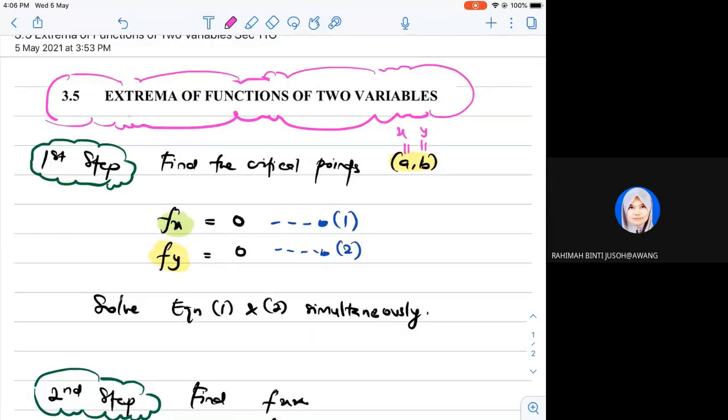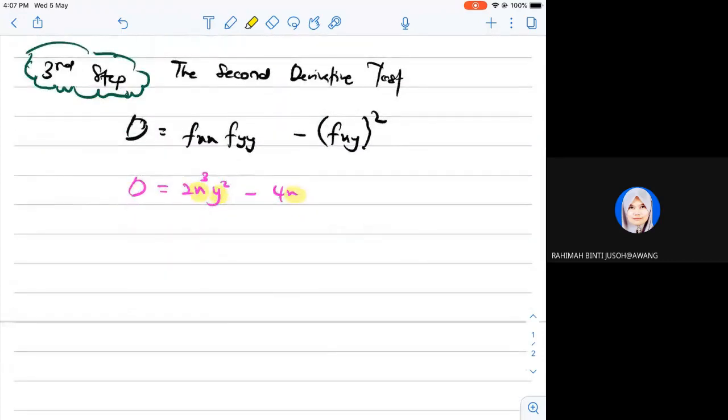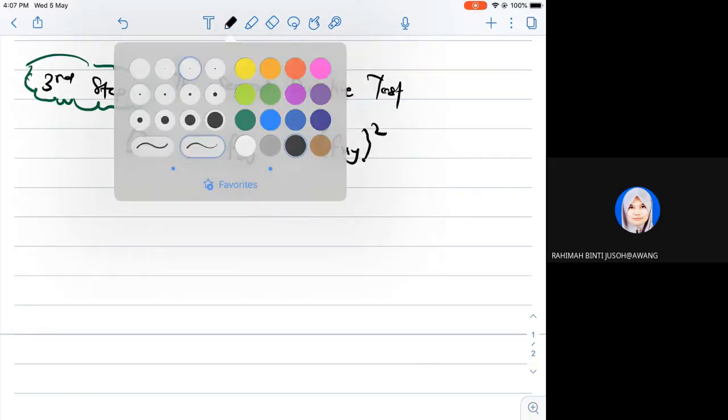If you have 3 points, 3 coordinates, substitute all three and then calculate your D. That means you have to substitute the values of x and y from the critical points into this function D, because we want to identify the values of D. Based on the values of D, we can come out with 4 conclusions actually. I'll erase this first because this is just an example. So, conclusions.